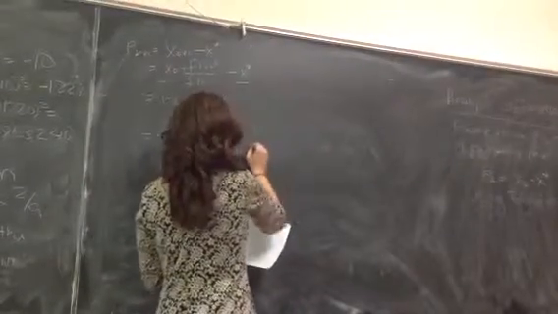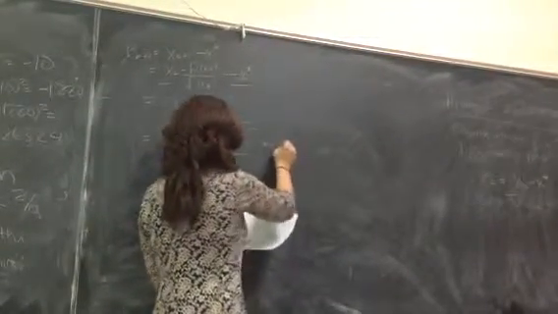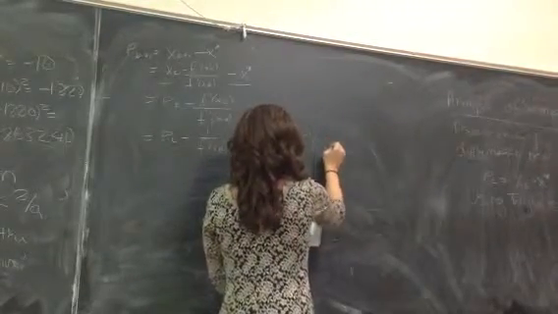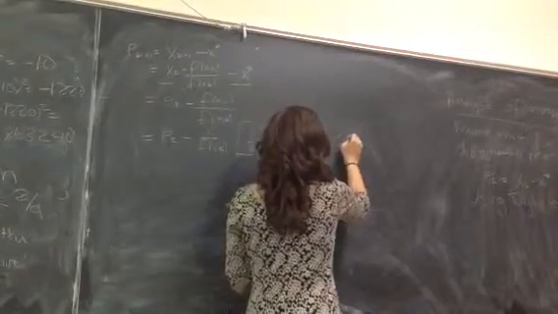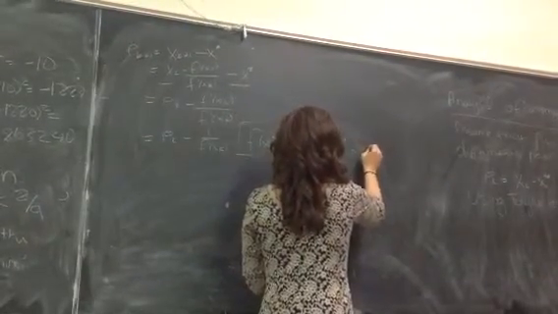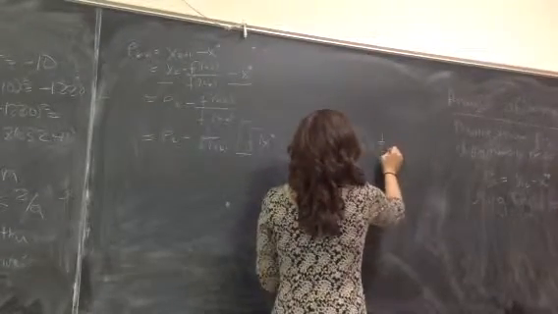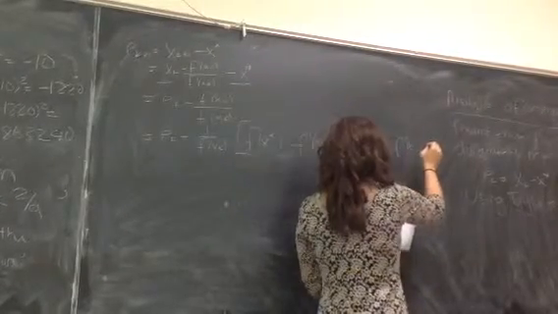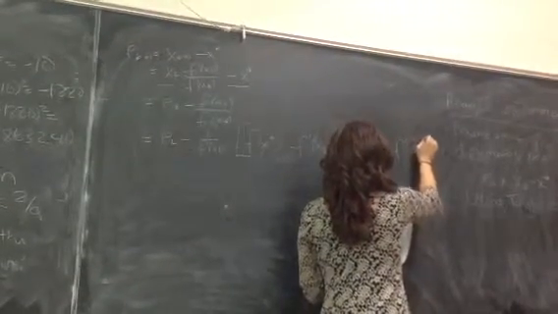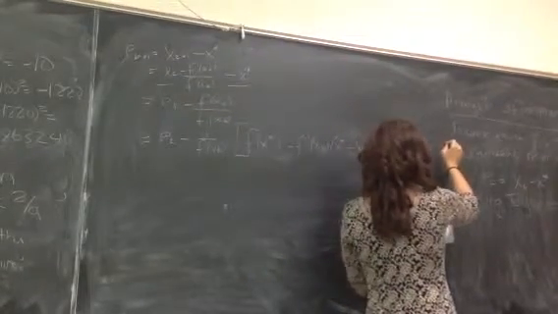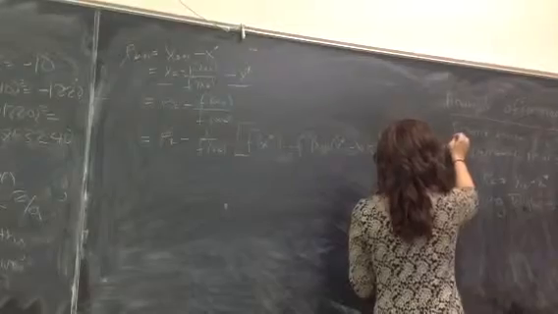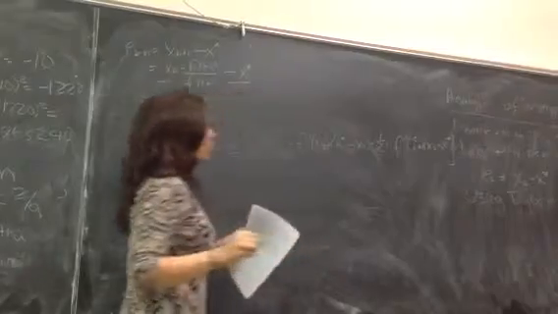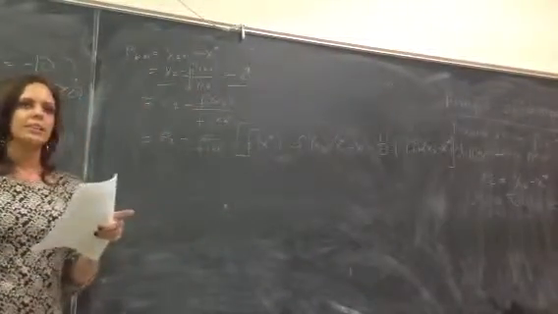So that's going to give me f of x star minus f prime of x_k times (x star minus x_k) minus 1 over 2 factorial, or just 1/2, f double prime of eta_k times (x_k minus x star) squared, and then close that bracket. Where eta_k is just a point between x_k and x star.